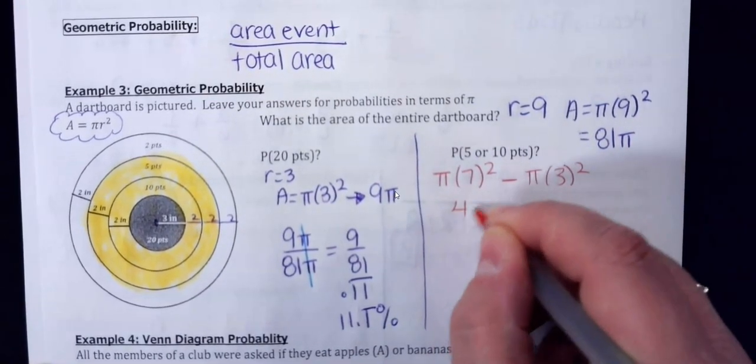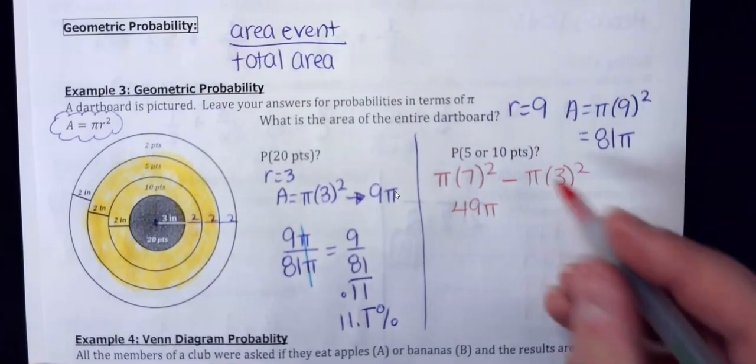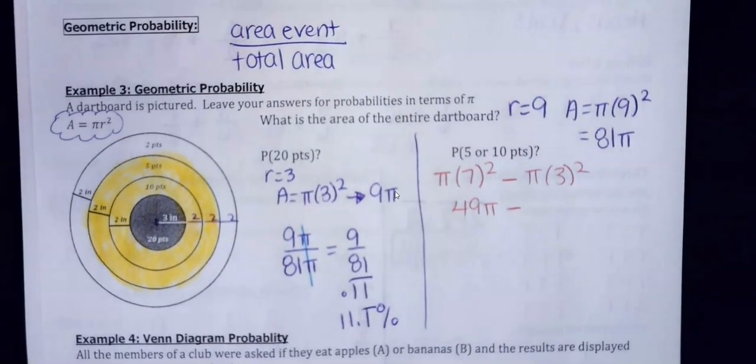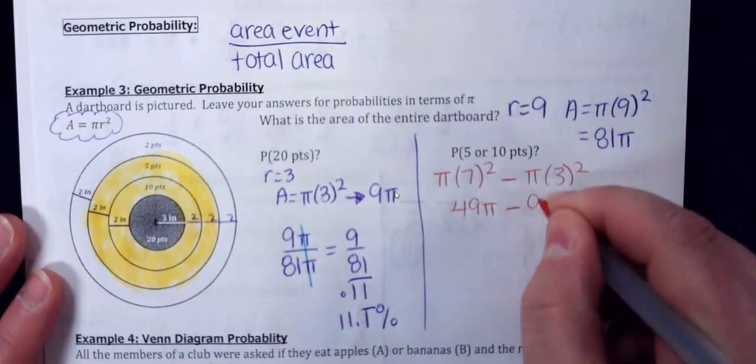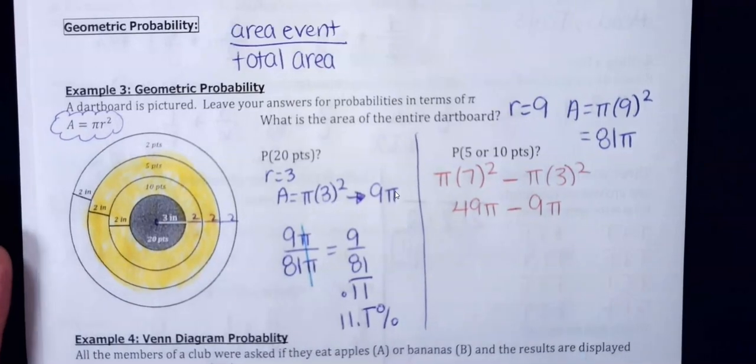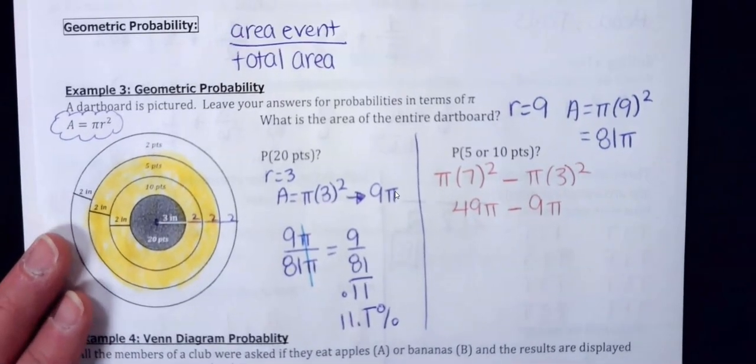So I'm going to leave this in terms of pi. It'll make it easier to work with. 49 pi would be those two yellow rings that I colored and the bullseye together, and I want to subtract out the bullseye, so I only get the yellow part. This would be 9 pi. This is like doing 49x minus 9x. Those are like terms.